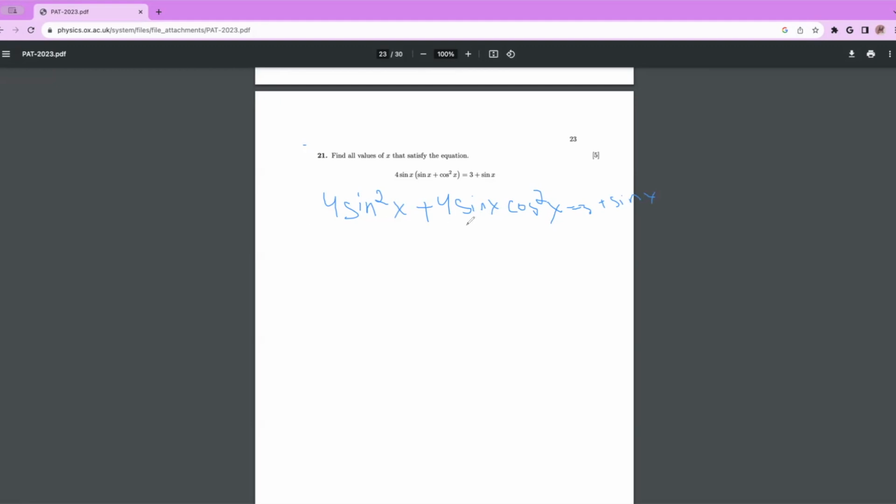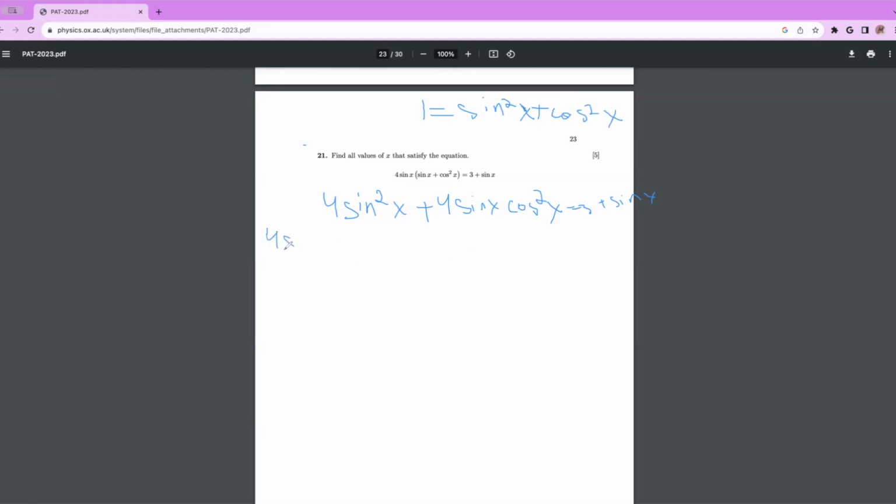And we can do a little fun stuff here because we know that 1 is equal to sine squared x plus cosine squared x. So we can turn this cosine squared into 1 minus sine squared.